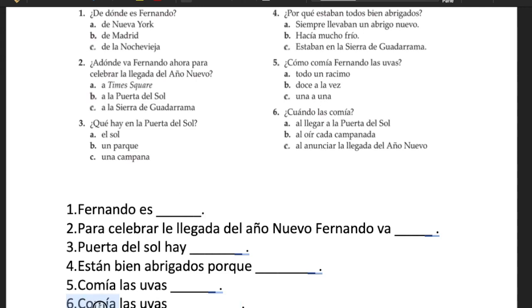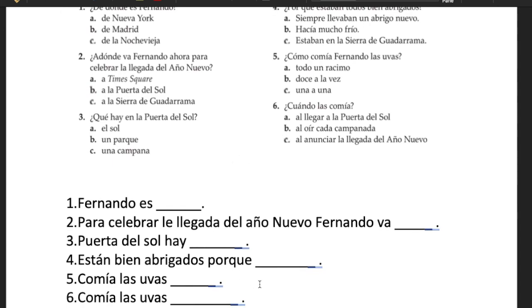Comía las uvas al oír cada campana. So basically, I said he would eat the grapes at hearing each ring from the bell. Okay, so that's how you would answer. So I gave you 6, but that's how you would answer 1 through 5.